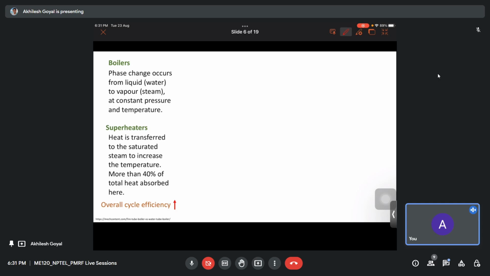Okay, so in superheaters, the saturated steam temperature is increased by transferring heat, and the amount of heat transfer that takes place in the superheaters is around 40%.